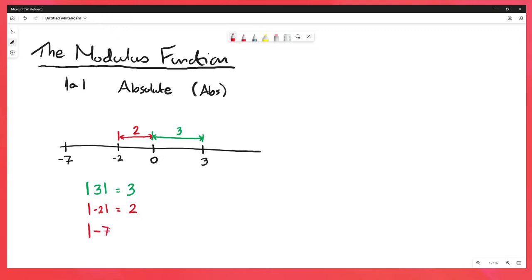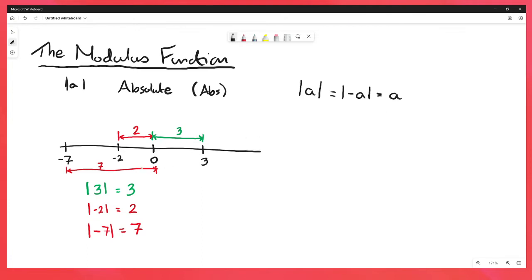In a similar way, the minus 7 is 7 units away from the origin. The minus says it's below, so modulus of minus 7 is 7. So in general, what does this tell us? This tells us that the modulus of some number a is the same as the modulus of minus a, and that is just the value a.